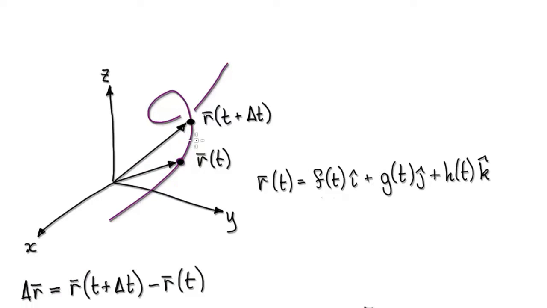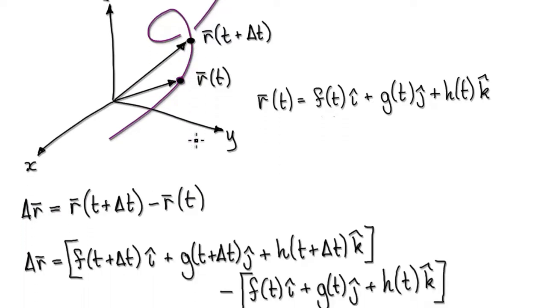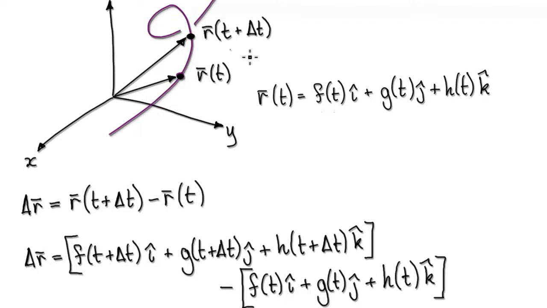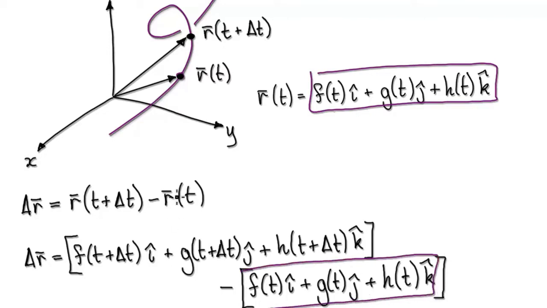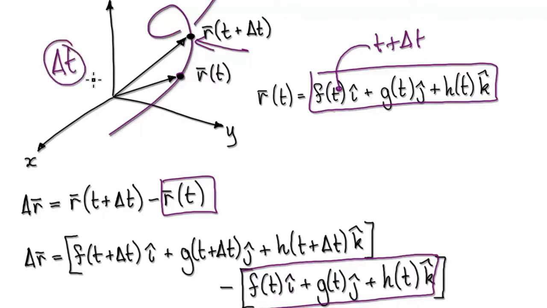Okay, so if you look at this, this position would be given by r of t, and then this position here is given by r of t plus delta t. Remember, we are considering a delta t amount of time. Originally it was here, and after a certain amount of time, the particle is here.